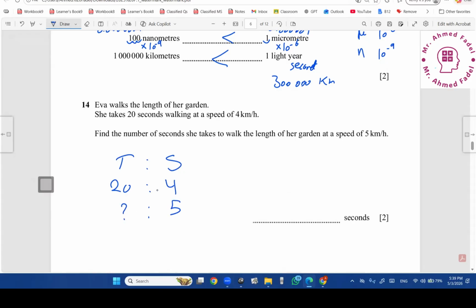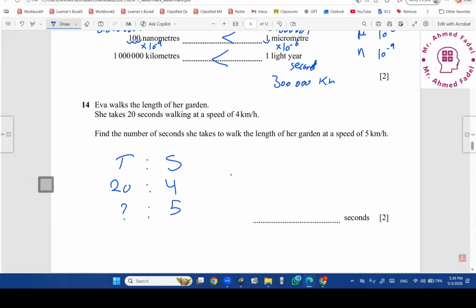The first thing that you should ask yourself: am I dealing with direct or inverse proportion? If the speed goes up, the time we take in the journey goes down, or will it also go up? The speed goes up, the time goes down. So it is inverse.